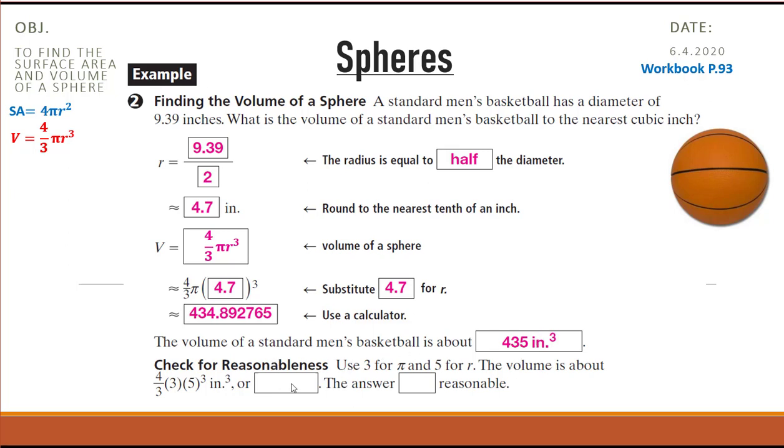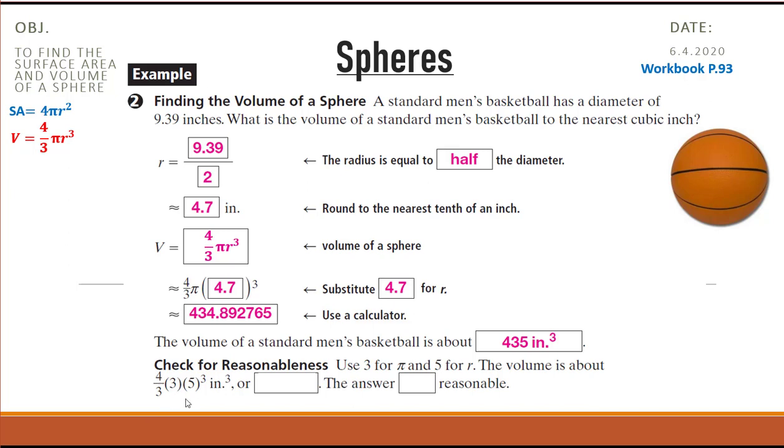Let's check if this is a reasonable answer or not. We have the rule for the volume, and you are going to use 3 for pi, and the radius here is 4.7. That's about 5. So we're going to use 5 for r, and the volume will be 4/3 pi, which is 3, multiplied by 5 to the power 3. And now we can cancel 3 and 3, because one of them is in the numerator and the other in the denominator.